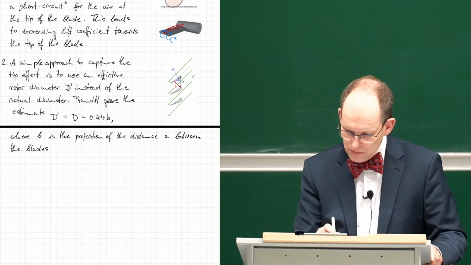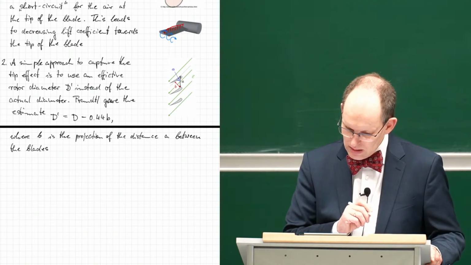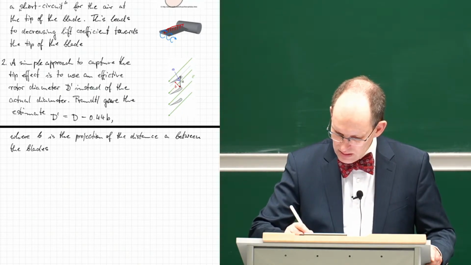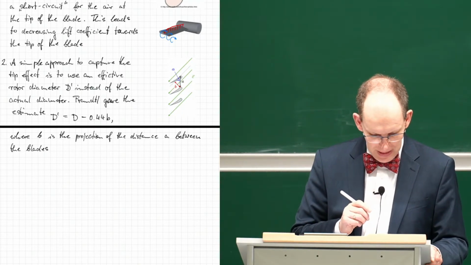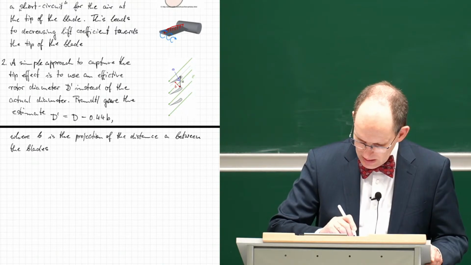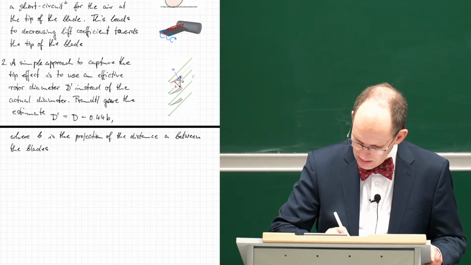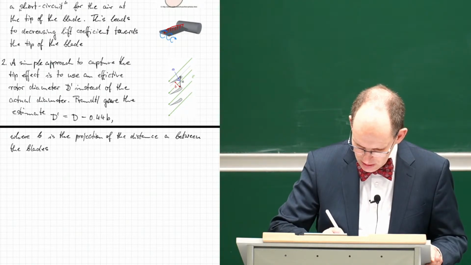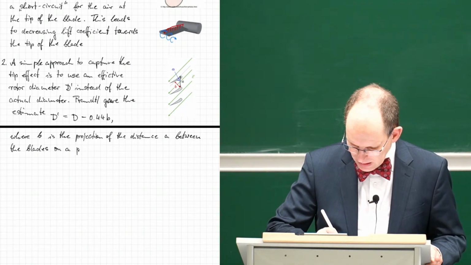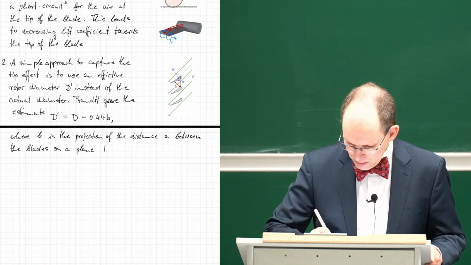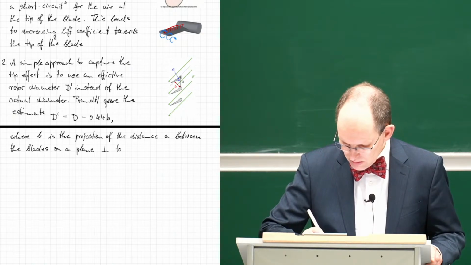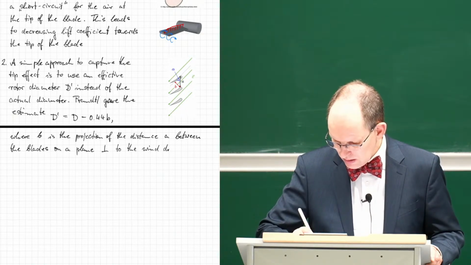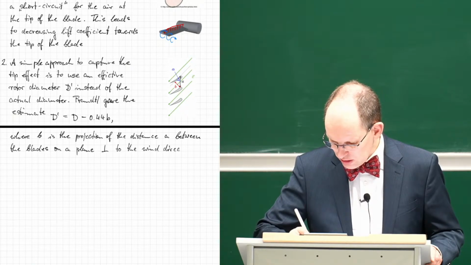The projection of the distance A, this quantity here, between the blades, and the projection on a plane perpendicular to the wind direction C, the effective wind direction C.